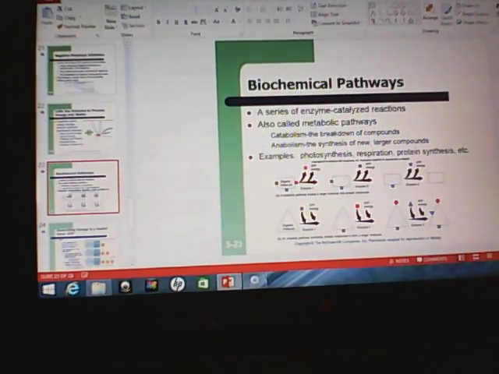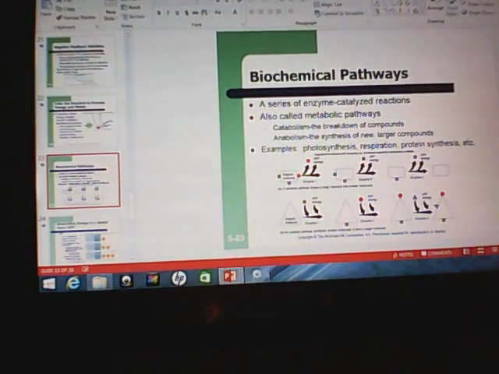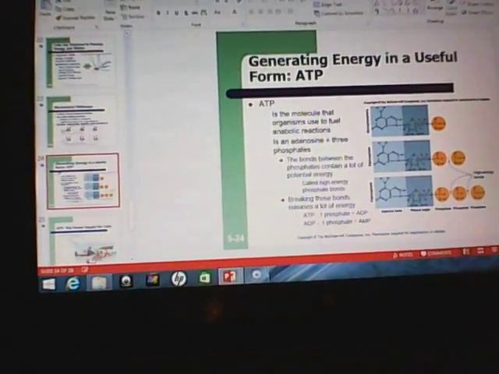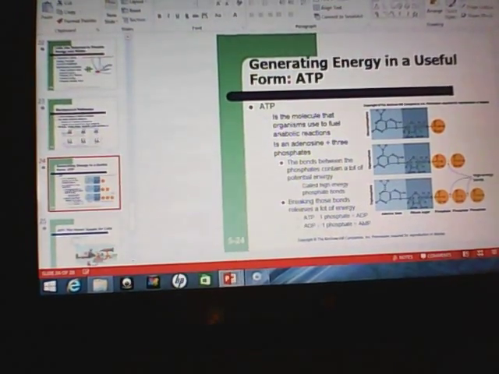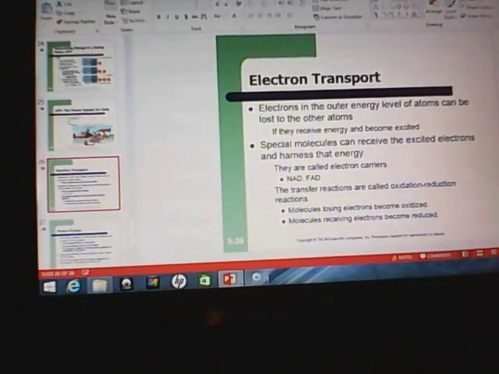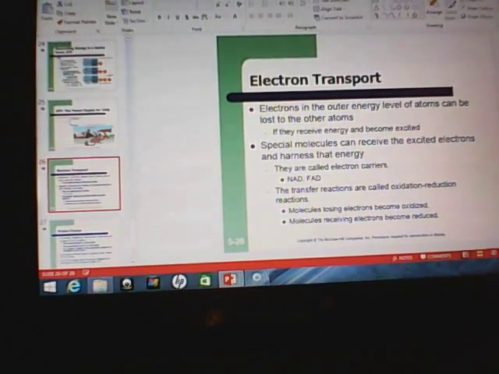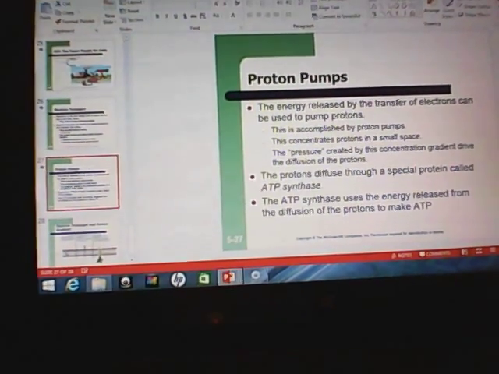And I think in terms of what you need to know for the test, that's it for chapter 5, other than ATP, and knowing that ATP is the energy that is used in any cell. And that we get our most ATP made in the electron transport system, which is in the next chapter.